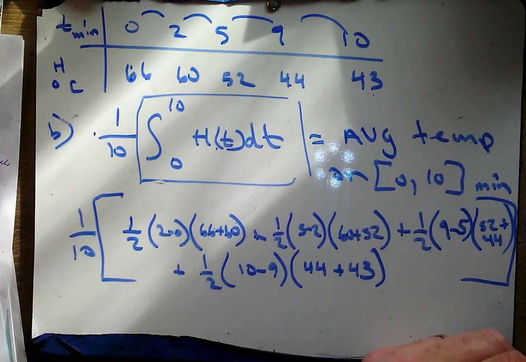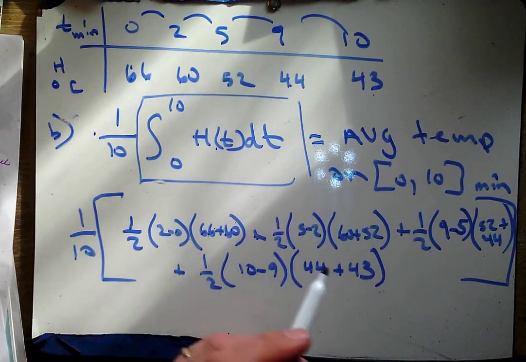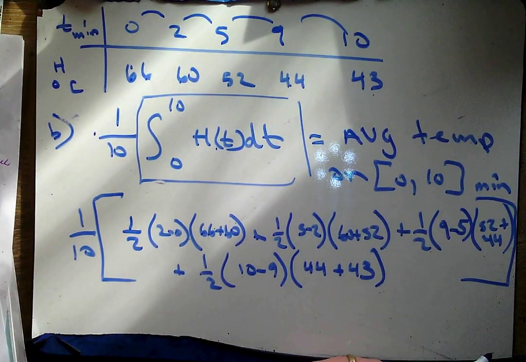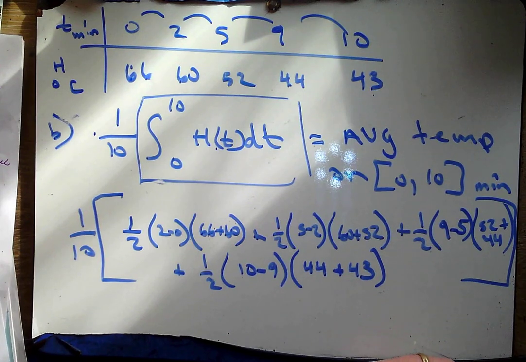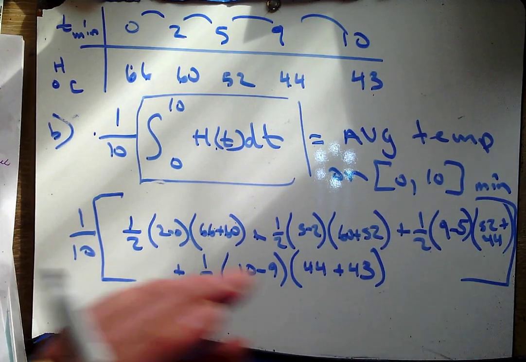Okay, so that's my value, and you can leave it like that. I'm going to be incensed. I'm going to think it's crazy. I think you need to tidy this up. But because College Board says it's okay, and our class is called AP Calculus, we're going to be okay with this. Yeah, we are. Okay, so there's my average temperature on 0 to 10.